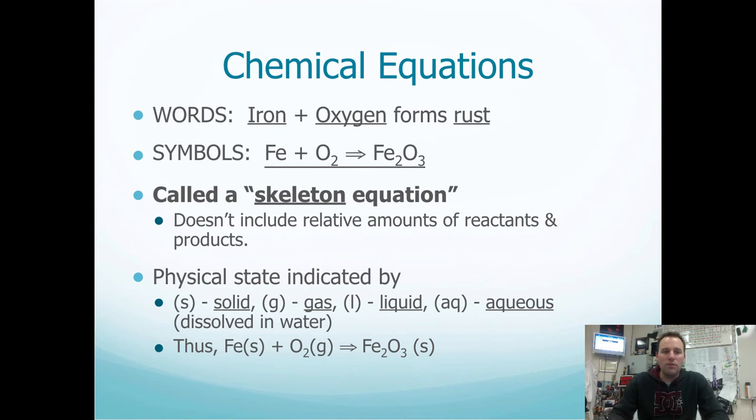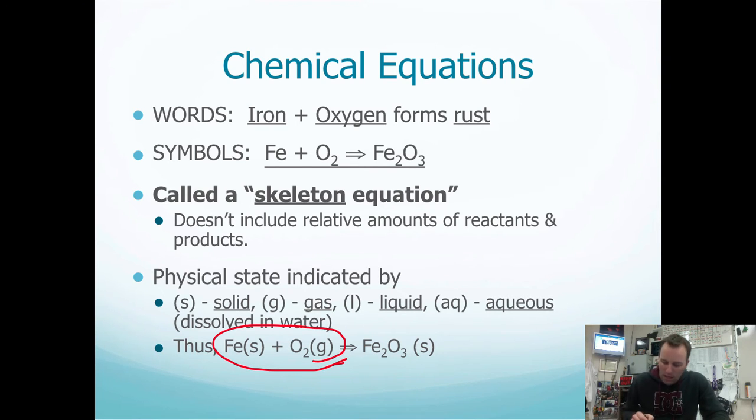There are other things that you might see written in the equation. If you look down here at the bottom, you see an S and a G. That means the state of matter that they're in. So iron solid mixes with oxygen gas, yielding rust or iron 3 oxide, which is also a solid.